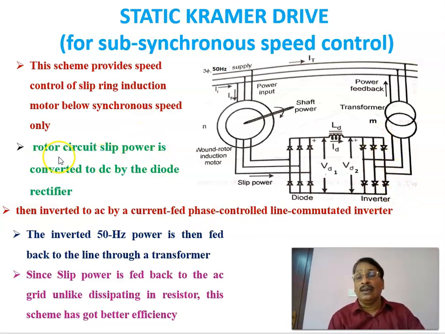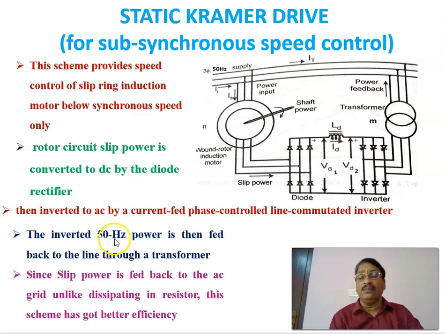Now, rotor circuit slip power is converted into DC by a diode rectifier, and this DC power is inverted into AC by a line commutated inverter. This is a line commutated inverter that converts this DC into an AC, and that is connected into the grid through a transformer.